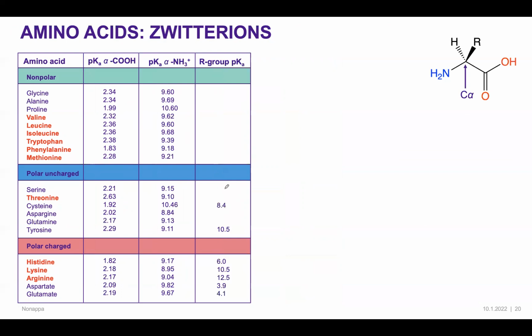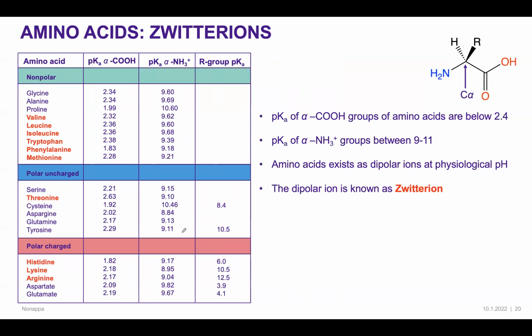The pKa of R groups also varies from 4 to 10, which is a large variation because the R group can be a carboxylic acid group or an amino group. Since there is this variation in pKa between the carboxylic acid and amino group, a majority of amino acids exist as dipolar ions at physiological pH, and these dipolar ions are known as zwitterions.